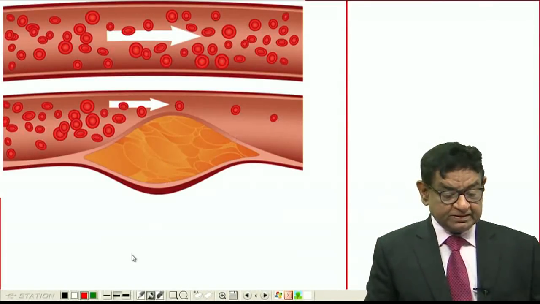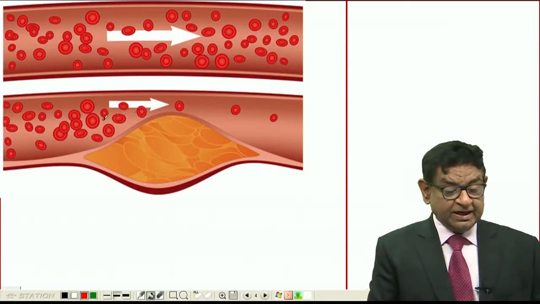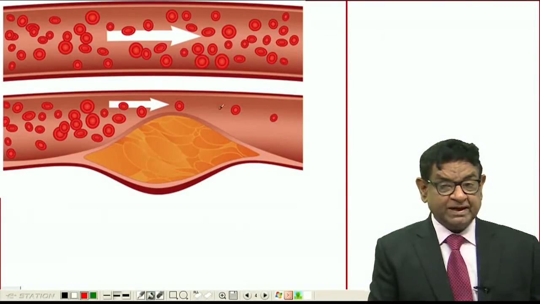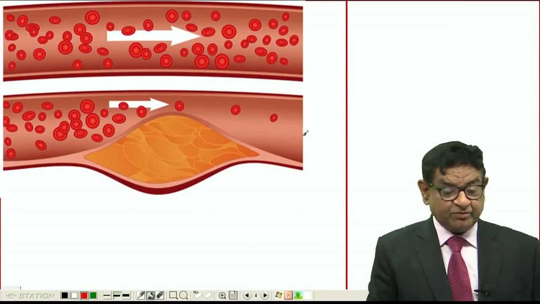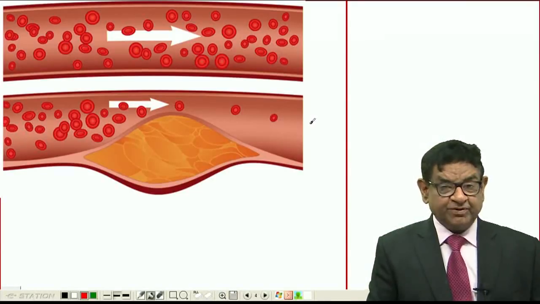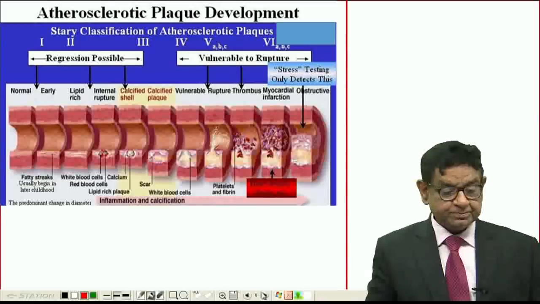Now same thing, this is the normal coronary artery, blood is flowing perfectly. Now plaque is there, and now the artery's blood supply is less, but in the resting state it is normal. But when the patient starts walking, the blood supply cannot be increased because there is a fixed obstruction, which leads to tissue ischemia.